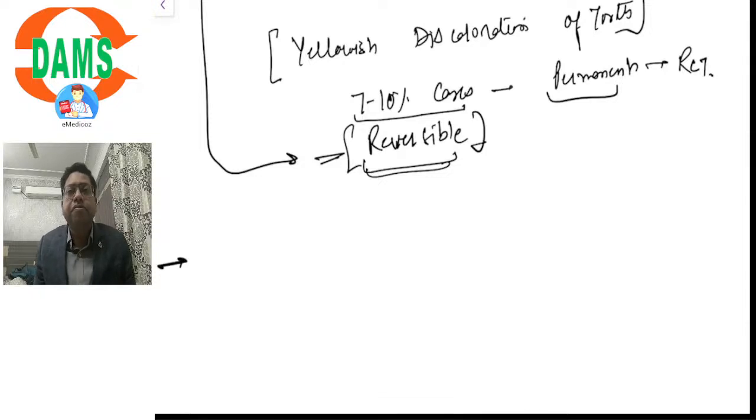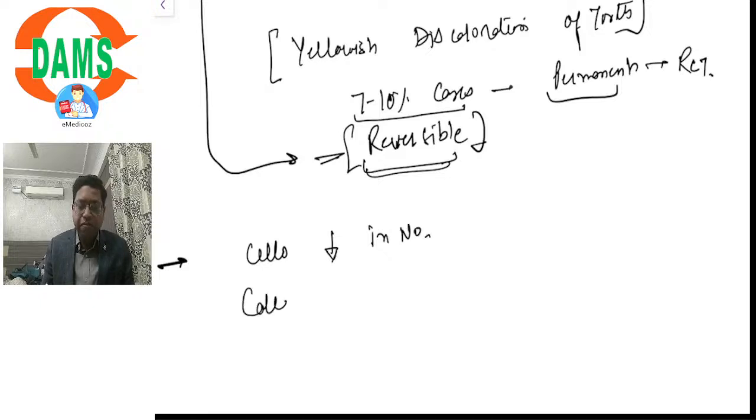Apart from these different types of calcifications, as the person ages, the cells decrease in number. The collagen fibers, on the other hand, increase in number and size.